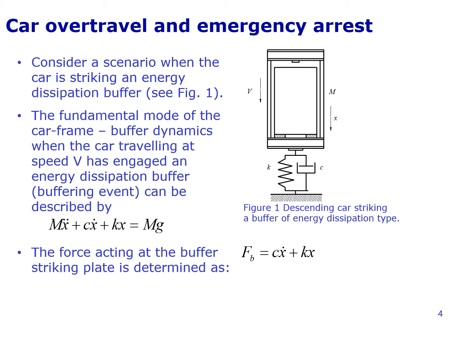The fundamental mode of the car frame buffer dynamics, when the car is traveling at velocity v and engaged with the energy dissipation buffer, is described by this equation. If we solve this equation, then we can find the force acting on the buffer during the buffering event, and that is given by this equation.